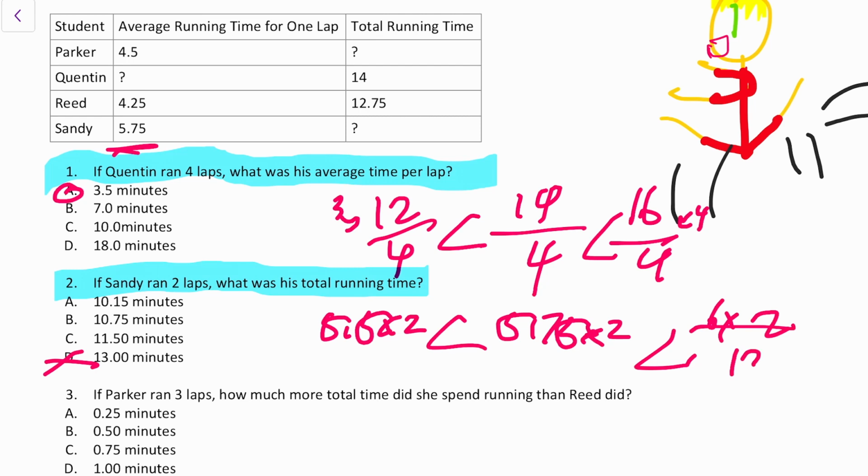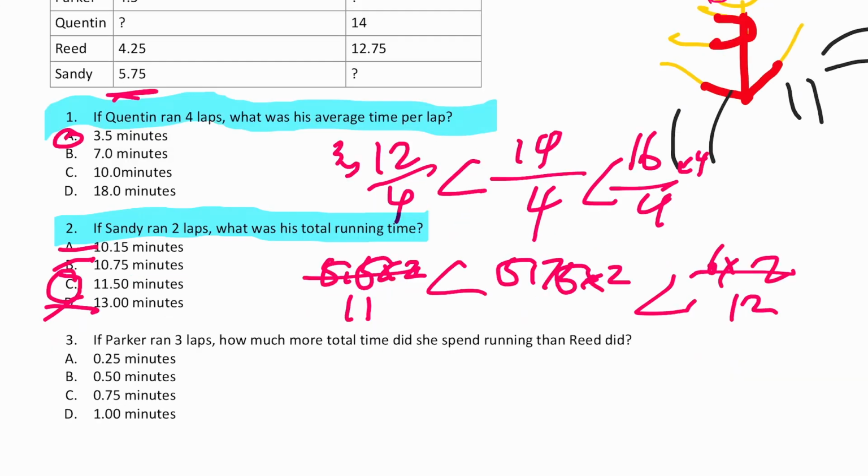So we got a 12, and now we got an 11. So it has to be more than 11, but less than 12. So these two are less than 11, and this one is the only one that meets the requirement.